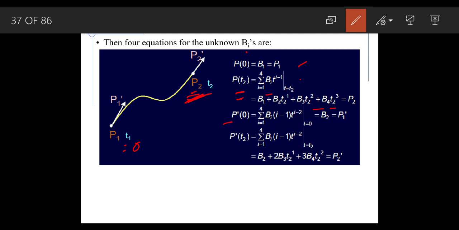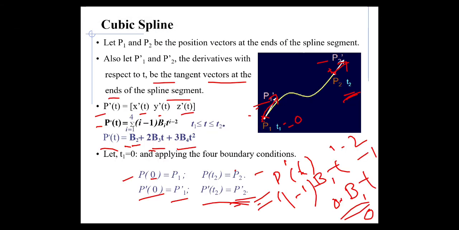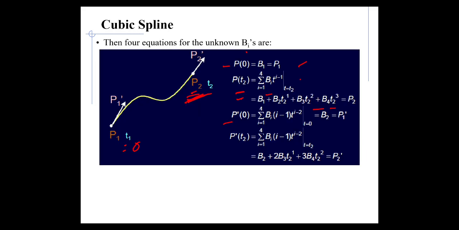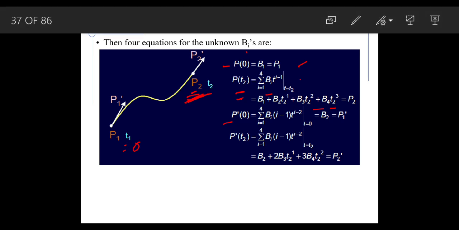Now p dash 0, or the first derivative of this p naught. The first derivative equation also we have seen in the previous slide. What is the equation? It is summation of i ranges from 1 to 4, (i minus 1) b_i t raised to i minus 2. So according to this, the value of b2 is p1 dash, that is the first derivative.